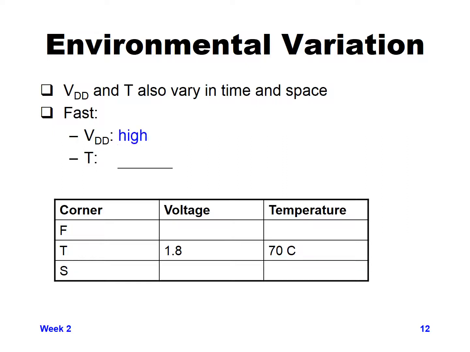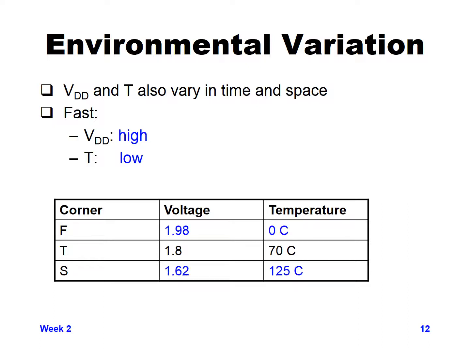You should expect higher voltage of VDD is going to be faster, and lower voltage is going to be slower. For temperature, I mentioned on a previous foil, as temperature goes up, your mobility goes down, so it gets slower. Temperature goes down, mobility tends to be a little bit higher for silicon, so it should get faster.